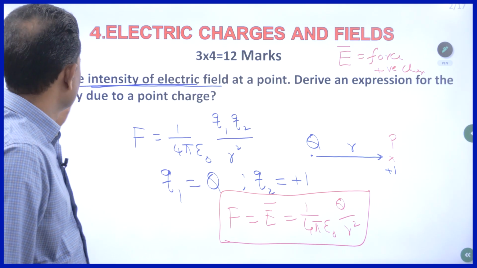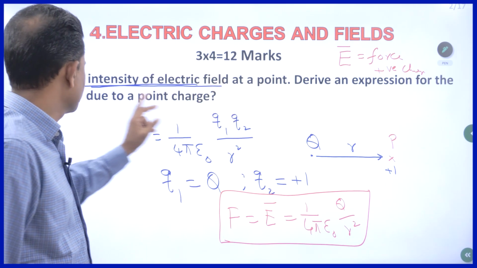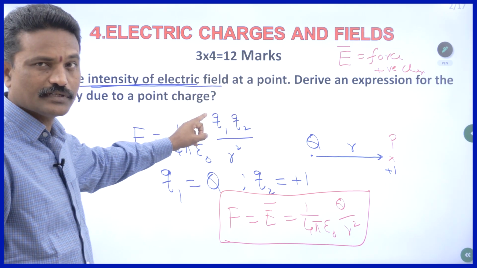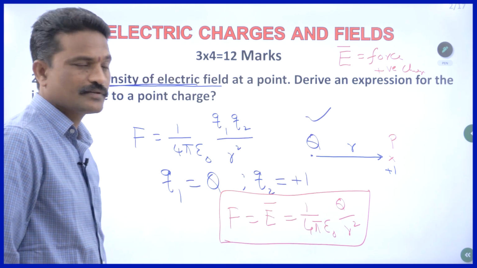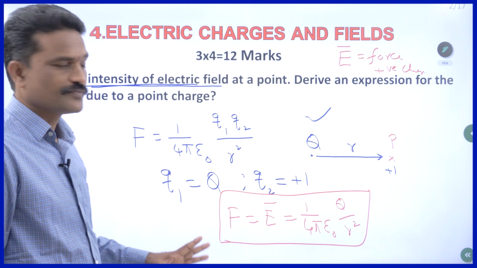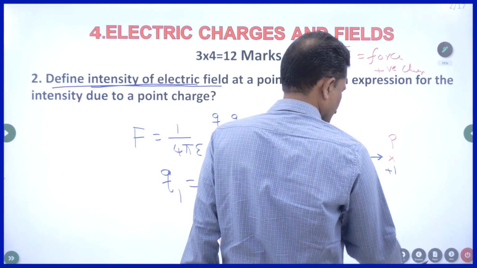Is this clear? Right. Define intensity of electric field, definition 1 mark. Derive an expression for the intensity due to a point charge. Your point charge is Q, that is capital Q. Is this clear? If you derive this, you will be getting 4 marks.